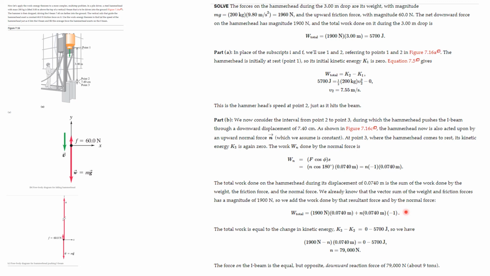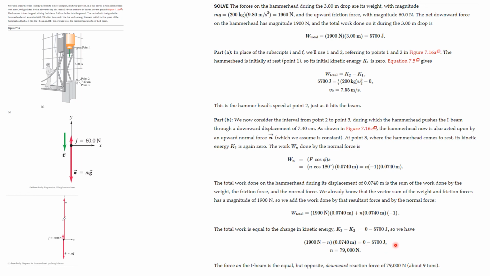It starts with 5,700 joules, but then it becomes 0. So the total change is it decreases by 5,700 joules. So on this side we have 0 minus 5,700 joules. On the other hand, we have the 1900 newtons minus whatever that normal force was, and this is all taken times the distance.